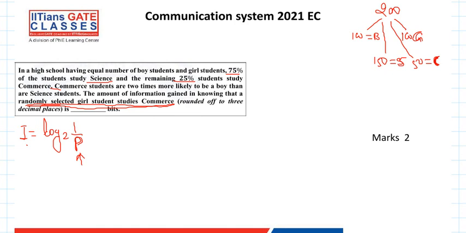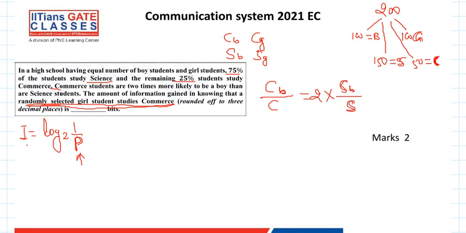So let's put some notation. Let's say CB denotes the number of boys in commerce, CG denotes the number of girls in commerce, SB denotes the number of boys in science, and SG denotes the number of girls in science. Now the likelihood of finding a boy in commerce is two times the likelihood of a boy in science.